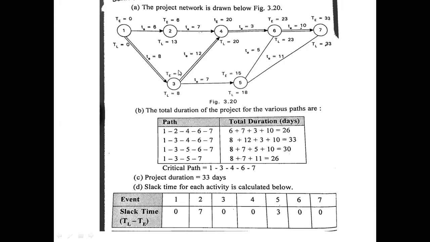So here we have got the least, that's why we consider 8 as the latest finish time of this third event. So from this you get 20 minus 12 is 8, and from this 18 minus 7 is 11. So out of 8 and 11, 8 is the least. That's why we take it as the latest finish time of this third one.